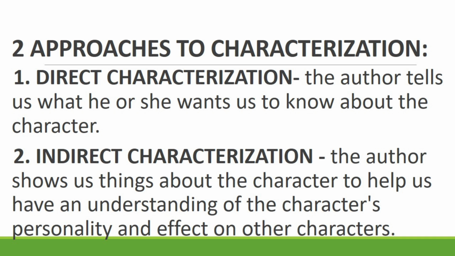So in indirect characterization, the writer did not directly give us the characterization or the description of the character, but we can realize it or understand it throughout reading the story. It can depend on the situation that the character is in or what is happening to that certain character.